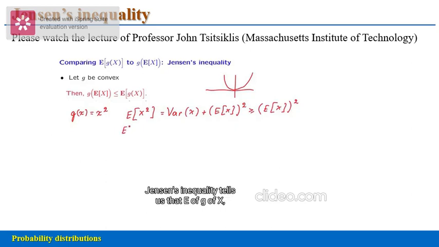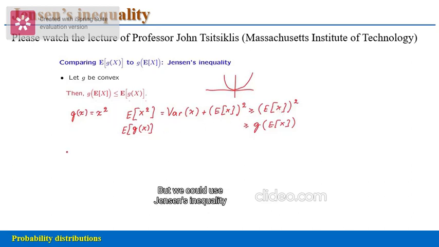Jensen's inequality tells us that E of g of x, with g the quadratic function, is larger than or equal to the square, that is g of the expected value. So for the case of the square function, Jensen's inequality did not tell us anything that we didn't know, but it's nice to confirm that it is consistent.